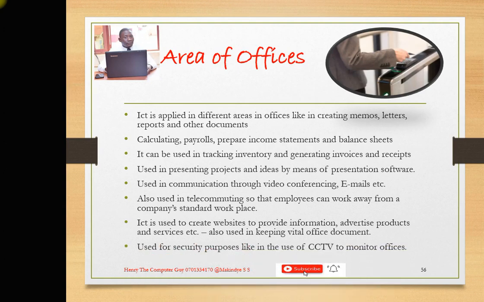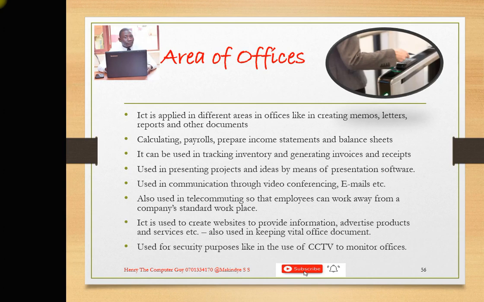We continue. Computers are also used for security purposes, like in the use of the CCTV cameras to monitor offices. When you go to bigger offices, in every corner or every entrance, you'll find there a security camera. Why do they put them there? To monitor who enters and who leaves the office.